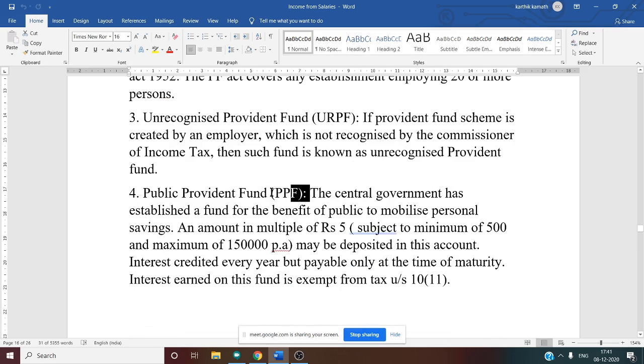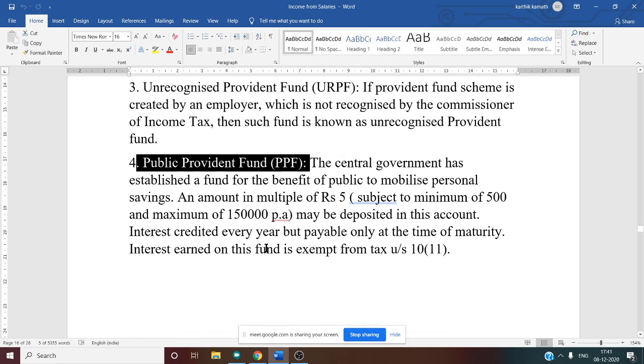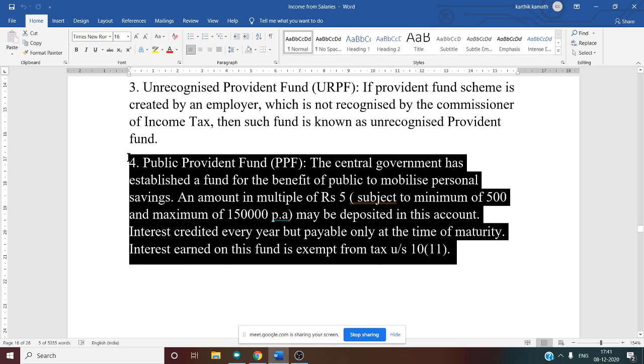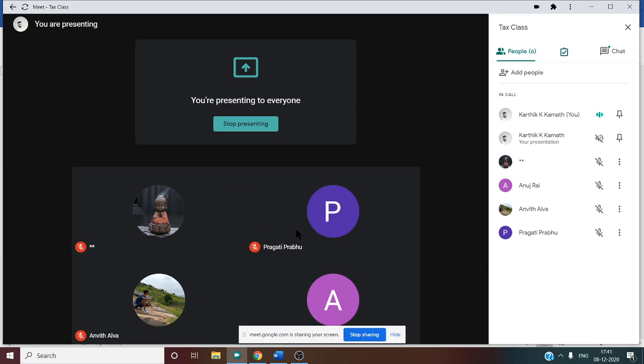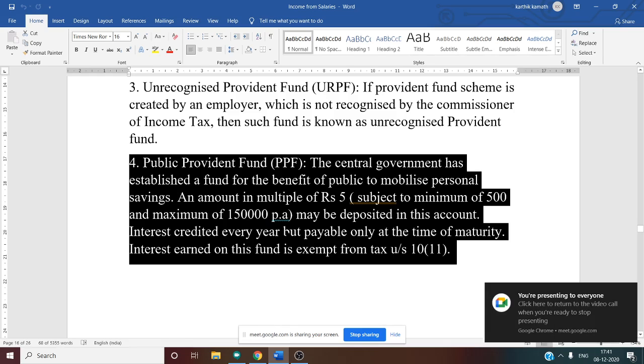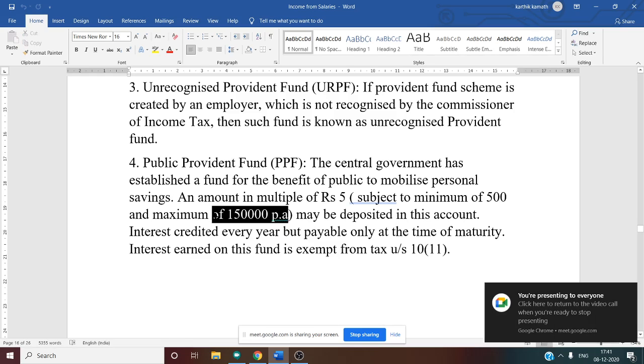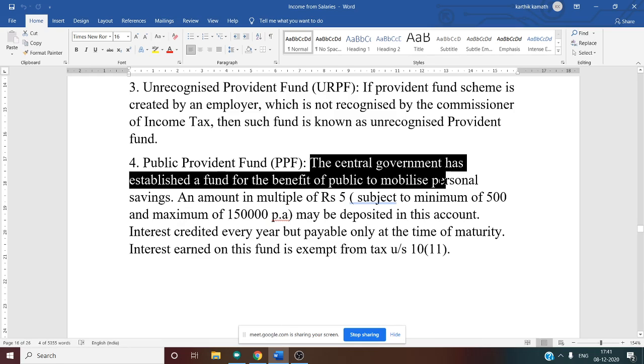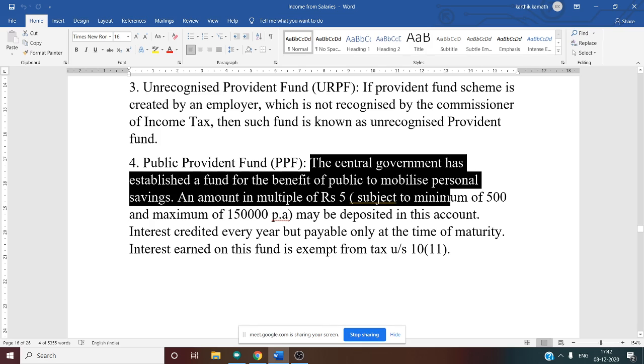Similarly, if there is a PPF contribution, there is one more rule chart that we have to see. Now, what do you mean by PPF? We have already discussed PPF. Under PPF, usually it is a scheme for 15 years, and in 1 year we can invest a maximum of 1,50,000 per annum. The central government has established a fund for the benefit of the public to mobilize personal savings.